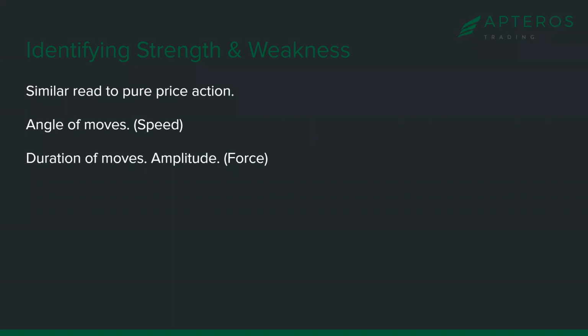What do we talk about in the price action section of this course as identifying a weakness in price action? What's one pattern? Flag. That's right, Nick. If we see a move like this and then a move like this, this is weak.